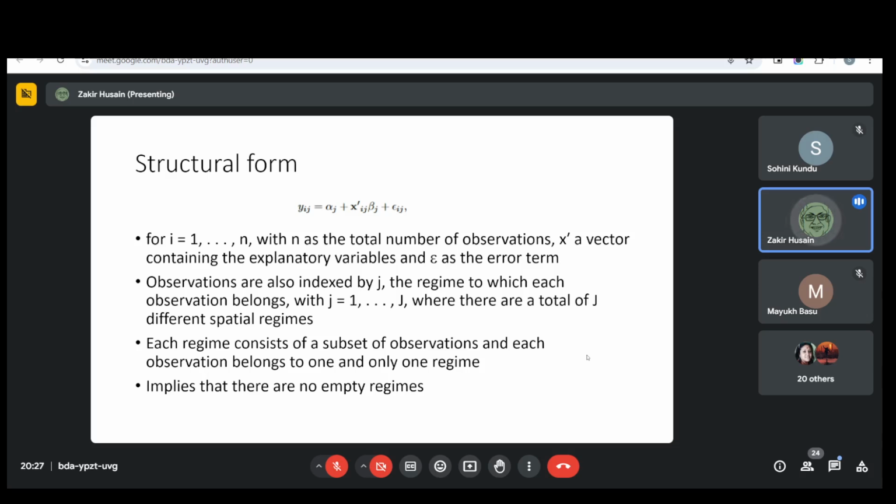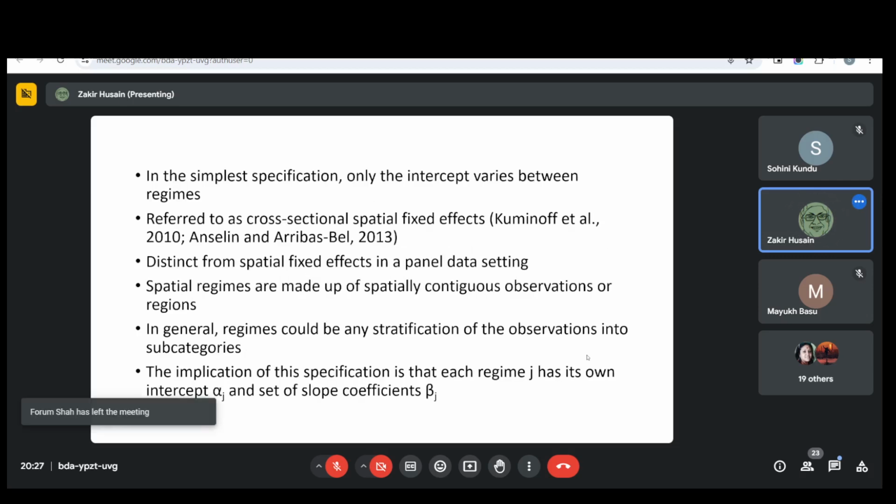Okay, so each regime should comprise a subset of observations, and each observation belongs to one and only one regime. So there will be no empty or null clusters. Now, in the simplest specification, as I said, only the intercept varies. This is referred to as cross-sectional spatial fixed effects. But in the more complex, more general models, the beta is also allowed to vary.